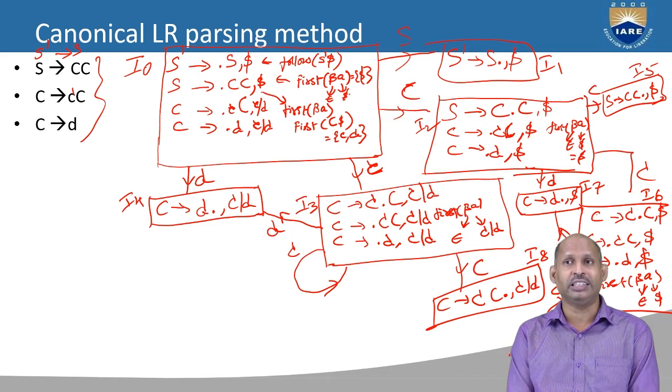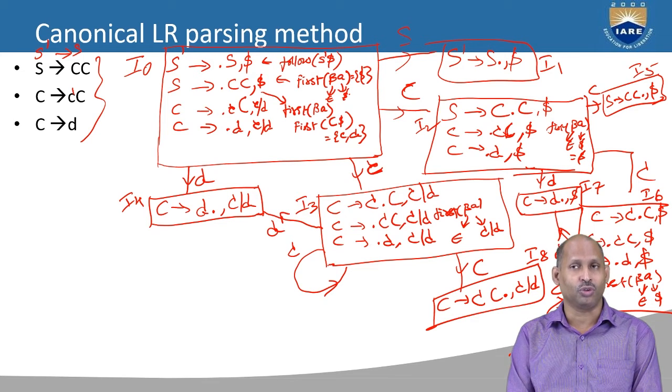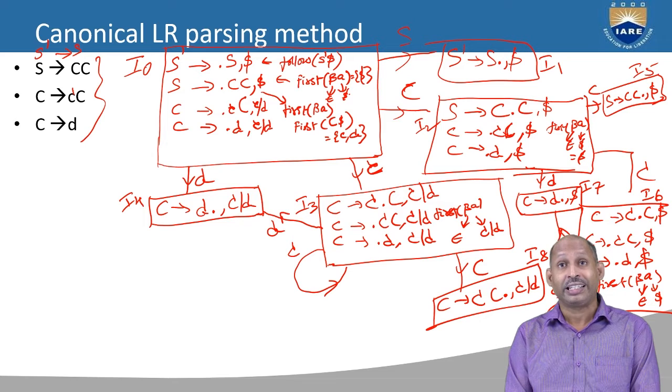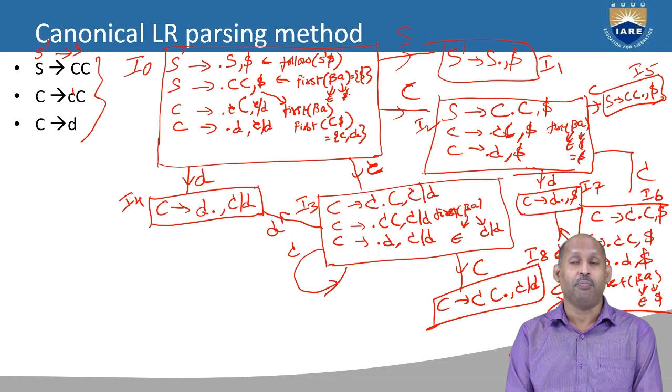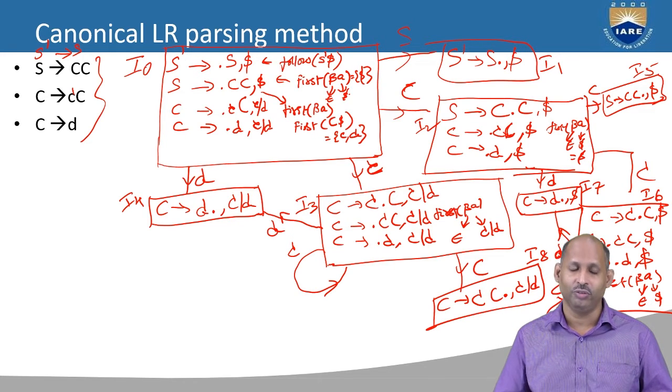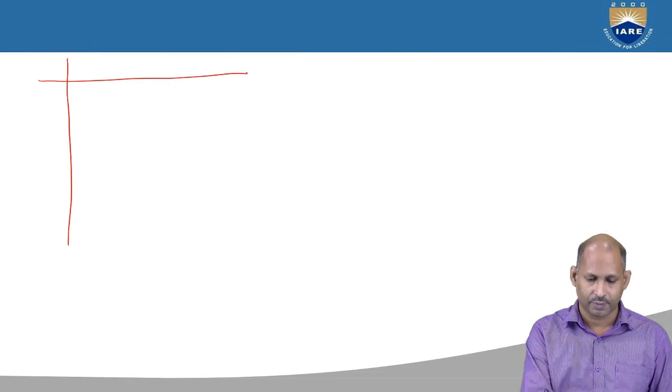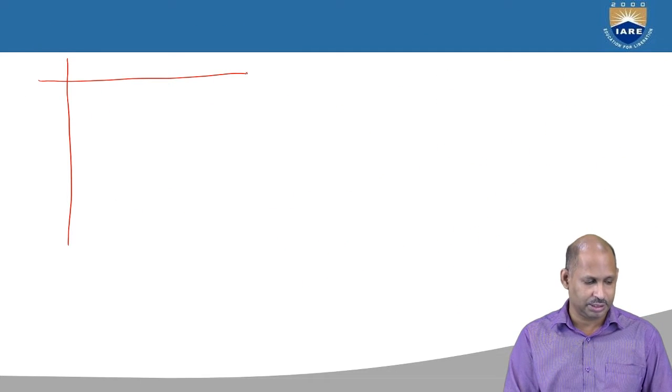Okay, from this DFA of closure groups, we have to construct the canonical LR parsing table. What are the terminal symbols?